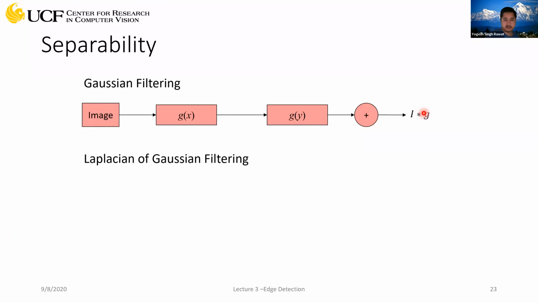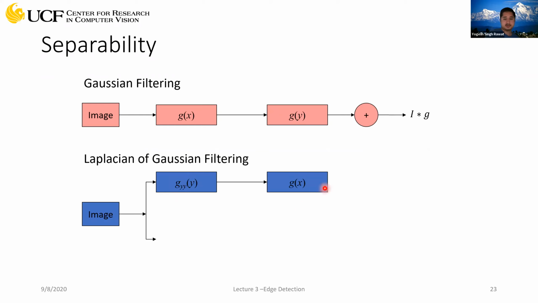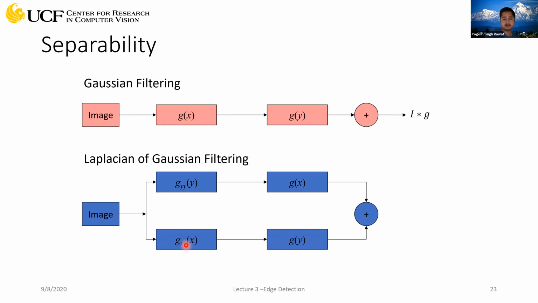Now, for Laplacian of Gaussian filtering, given an image, first you compute the second order derivative in the y direction, and then your Gaussian in the x direction. Again, your second order partial derivative in the x direction, then your filter in the y direction. You add these two values, that will give you the Laplacian of Gaussian filter. Okay.